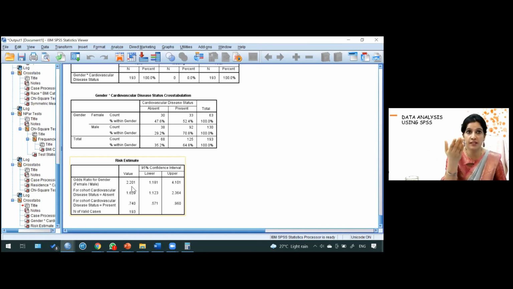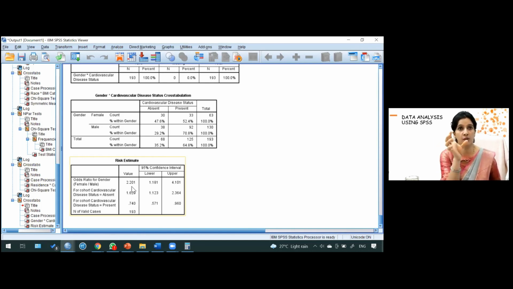So you can see here that the odds ratio of cardiovascular disease in male is 2.2 with a confidence interval of 1.18 to 4.1. An interpretation of confidence interval is that if the value of 1 comes in the confidence interval, then it is not significant for odds ratio and relative risk. So you can see here that it started from 1.1 and it went up till 4.